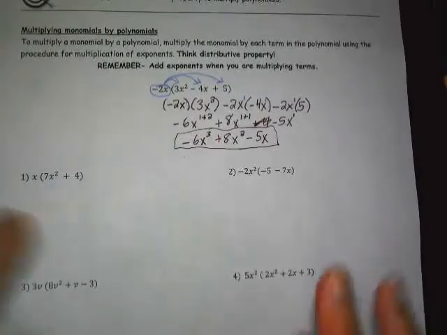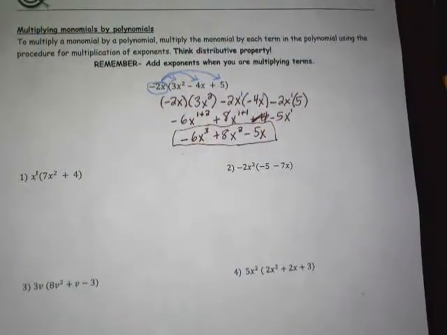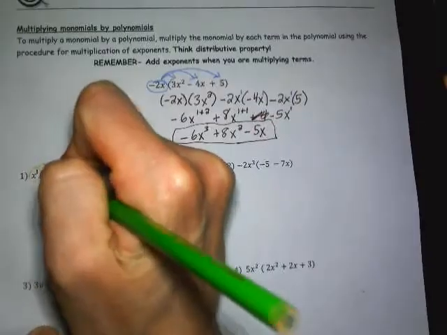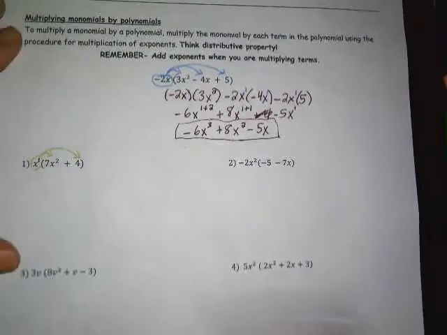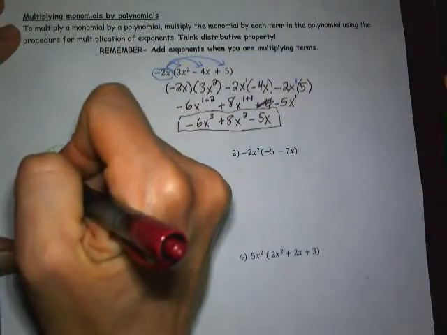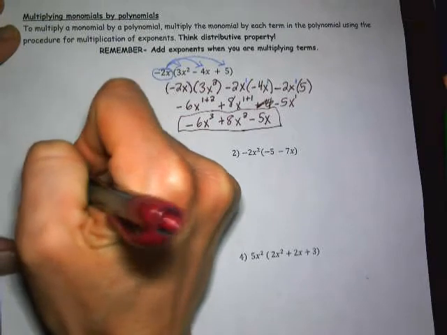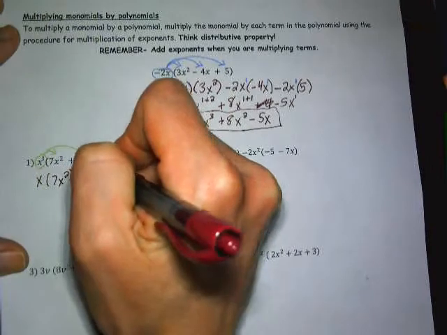All right, so example number 1, we just have x to the 1. That's what I'm going to distribute across my parentheses. One more time, I'm going to write it out. So we've got x times 7x squared plus x times 4.